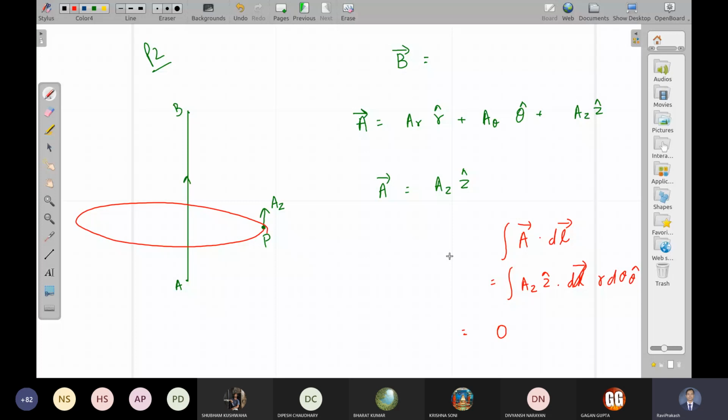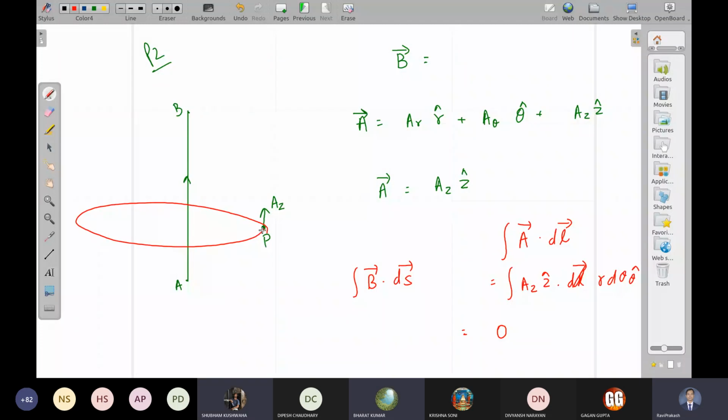What is on the left hand side? Integral B dot ds. B dot ds is also 0. Is B dot ds 0 here? Yes. So what is the vector field here? Sorry, what is the magnetic field here?